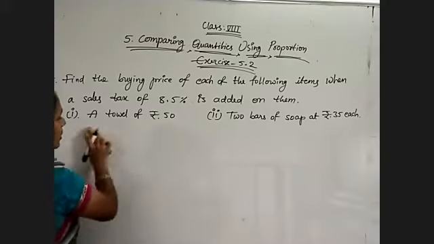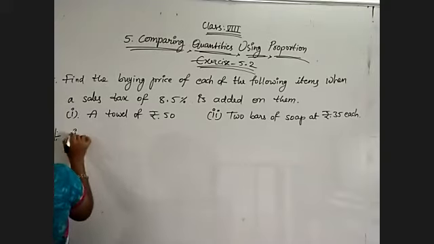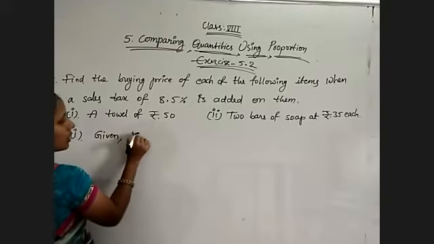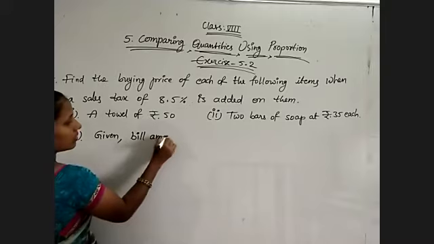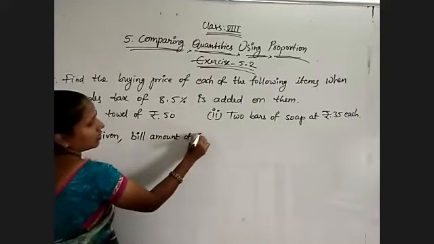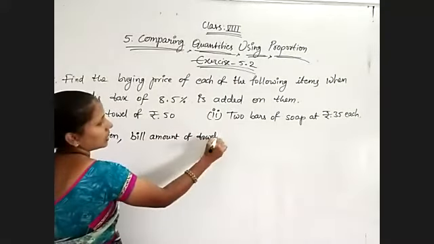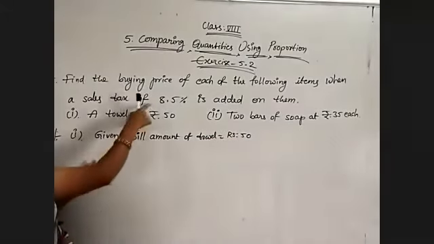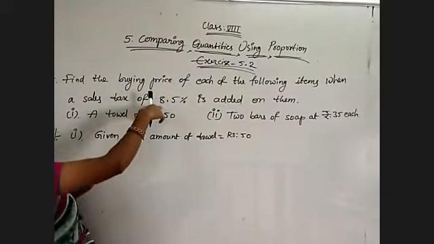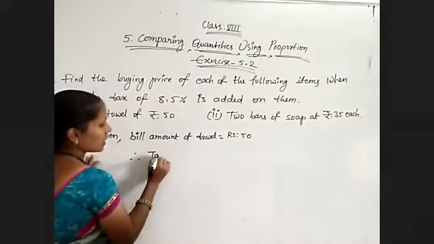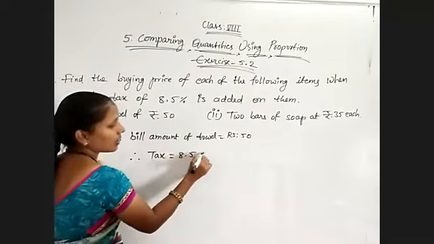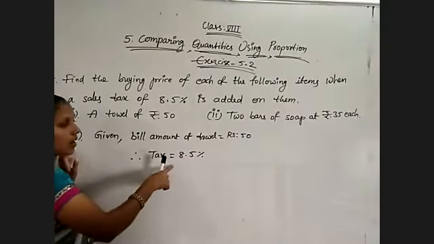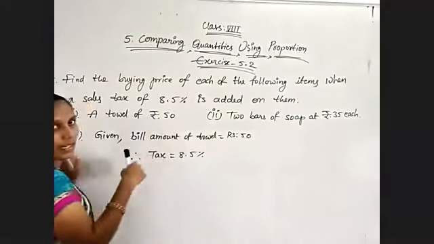So here given, for first problem, bill amount of towel is equal to 50 rupees. Yes, and value added tax is equal to 8.5%. Therefore, sales tax is equal to 8.5 percentage. But amount they did not give. So what is 8.5 percentage of 50? Find out.